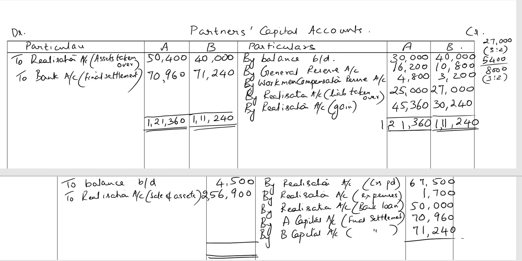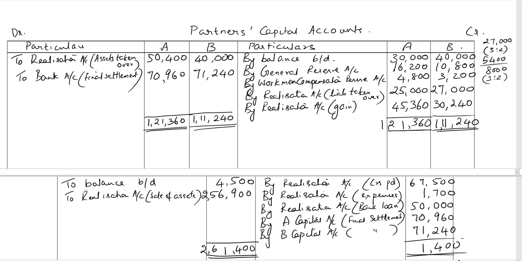Let's total it up. Total of the debit side, 2,61,400. Total of the credit side is also 2,61,400. It tallies, so our arithmetic is right.